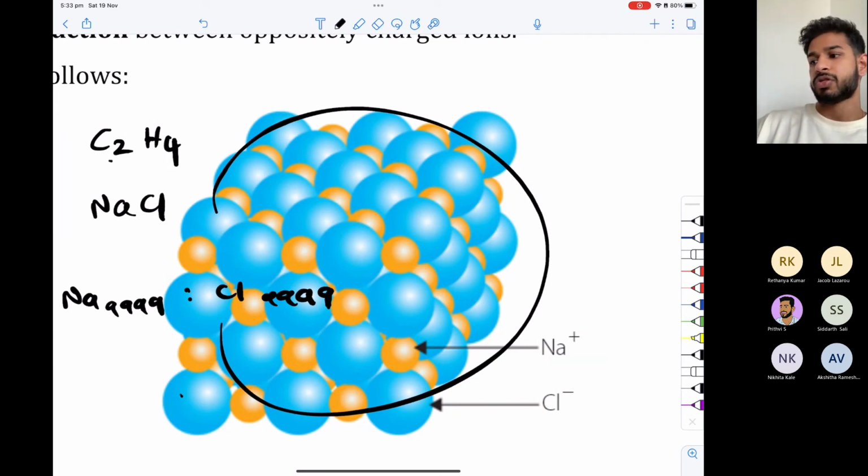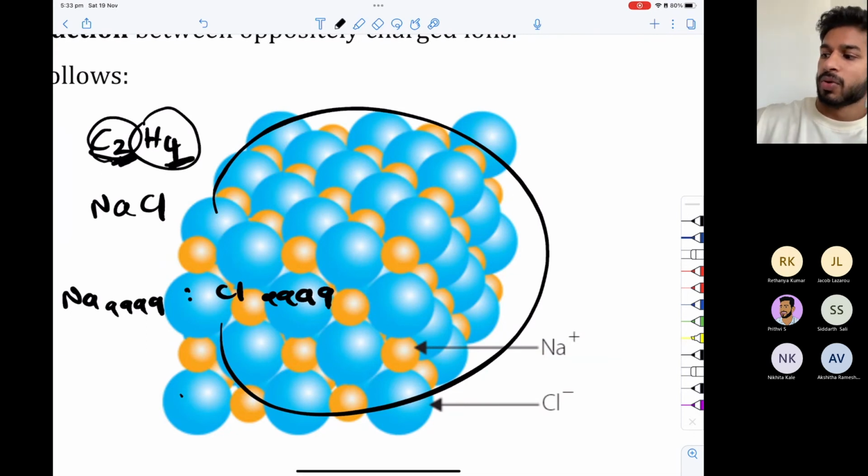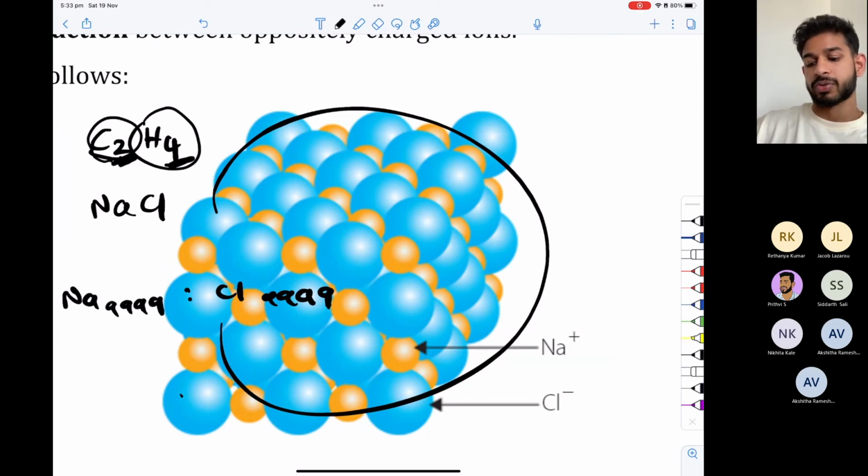Whereas even when there's 2 atoms of carbon and 4 atoms of hydrogen in an organic compound, we add the 2 and 4. So why do we denote ionic compounds in this way, where we put it in their simplest whole number ratio rather than their actual number of atoms?